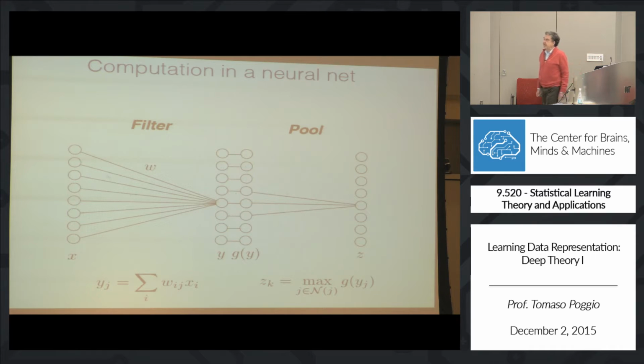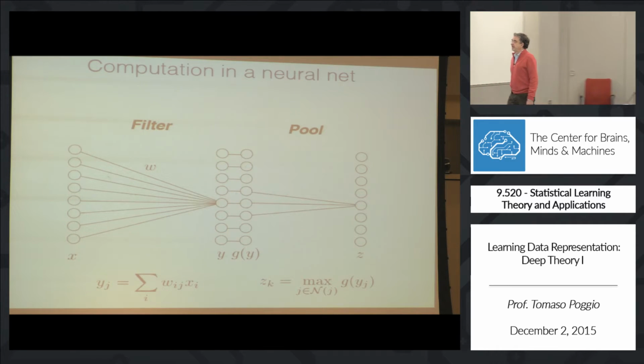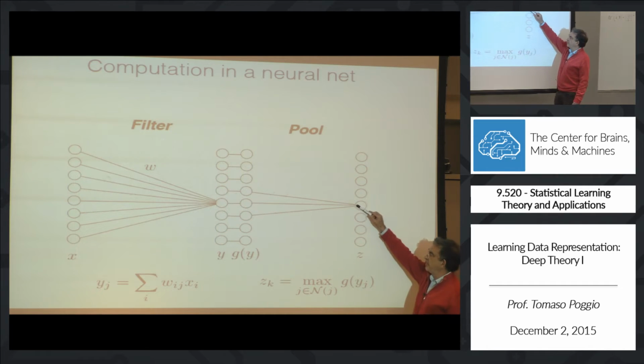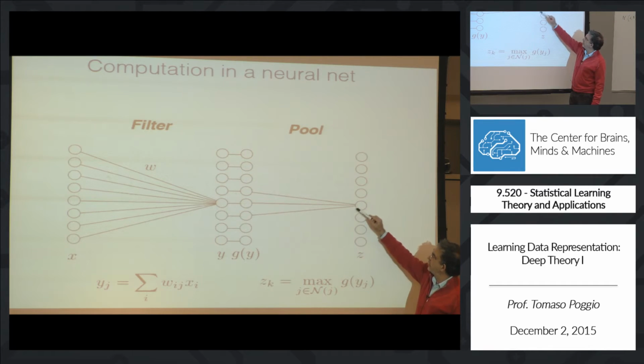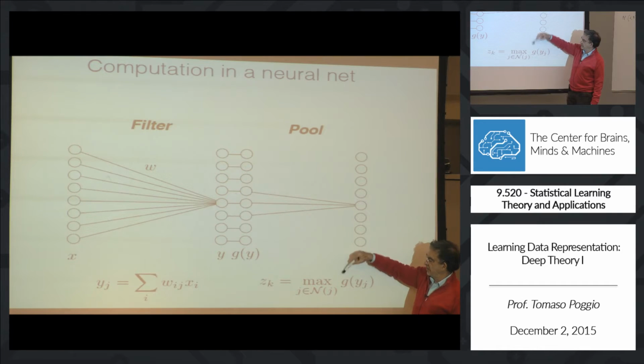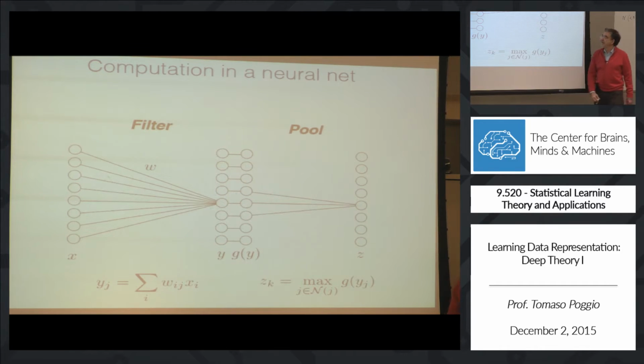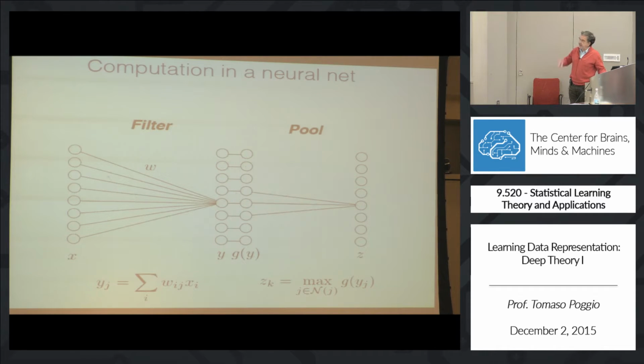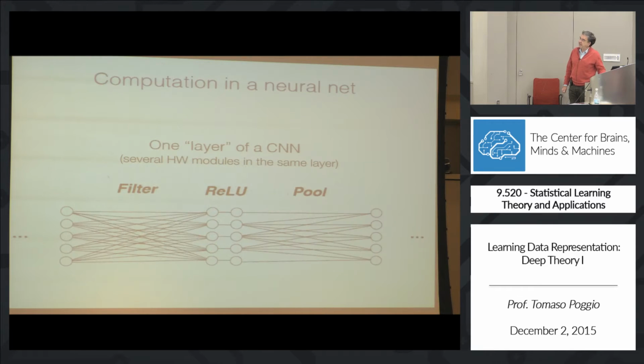And after that, you typically pool, like in the Hubel and Wiesel situation, in which there is a max operation over the inputs to these units here. And the result is that the unit takes the maximum value among its inputs. So this is the sequence of operations in one typical layer of a neural network.